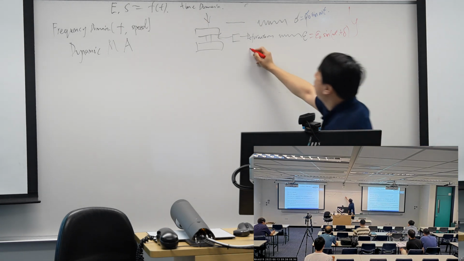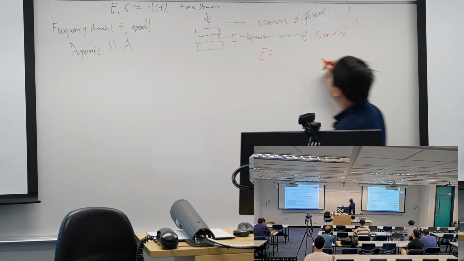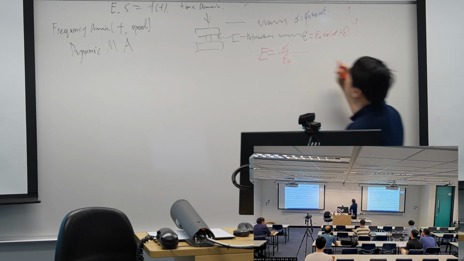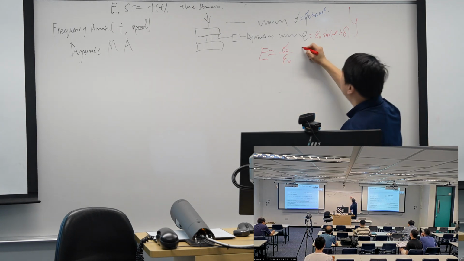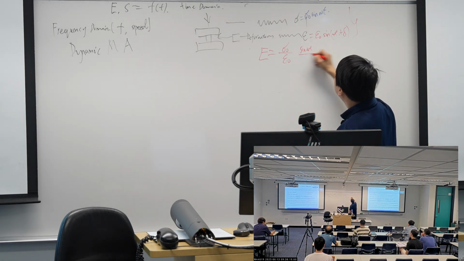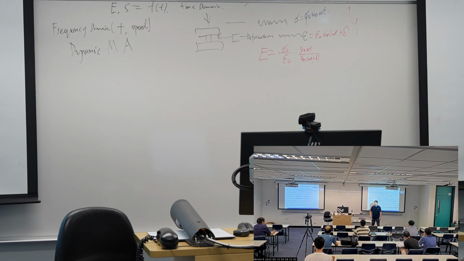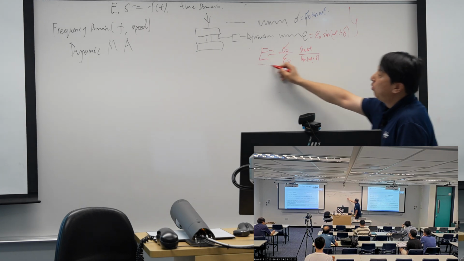So our Young's modulus should be sigma 0 divided by epsilon, and then we have sine omega t over sine omega t plus delta. Okay, that's the way we can get the modulus out.